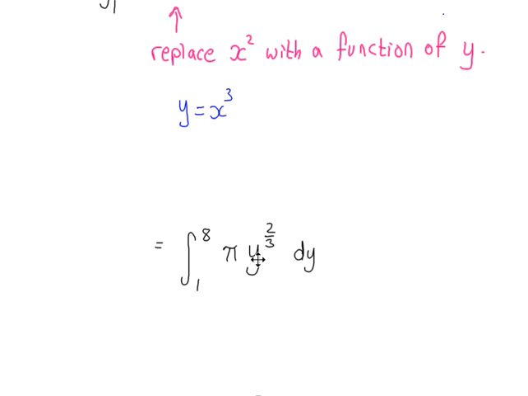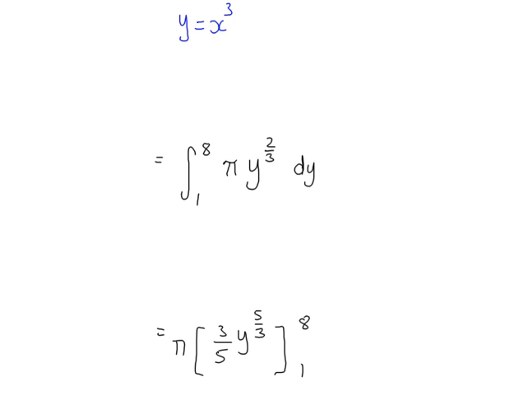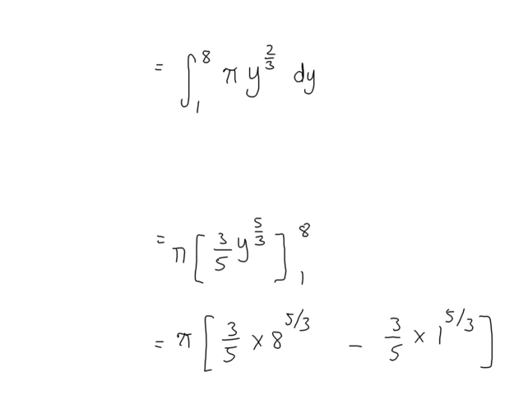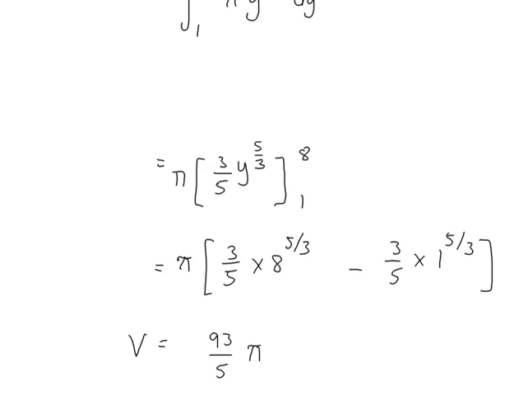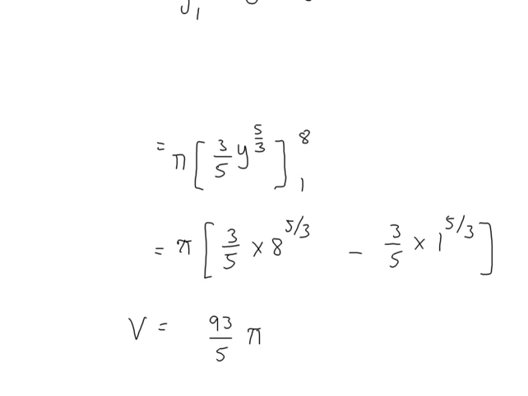So we've got y to the power of 2/3 here now, instead of the x squared. From here onwards, it's just straightforward, integrate, put the limits in. There's nothing more to it. So I've integrated here, and I'm going to put the limits in next, and then simplify there. So that's the volume that you get when you rotate that shaded region around the y-axis.